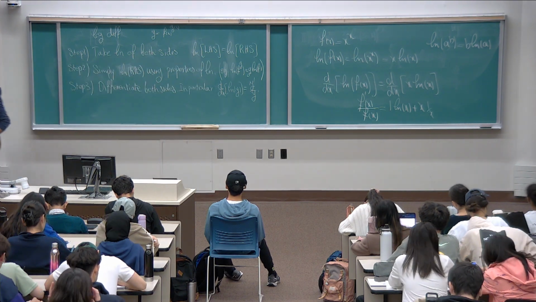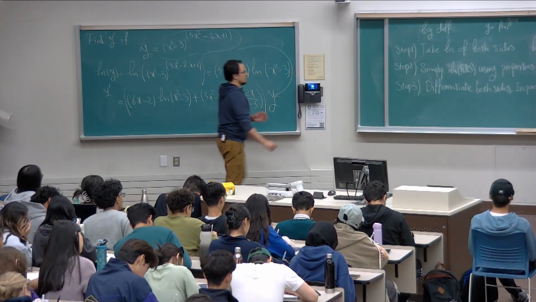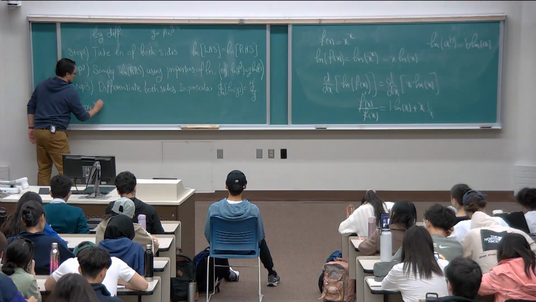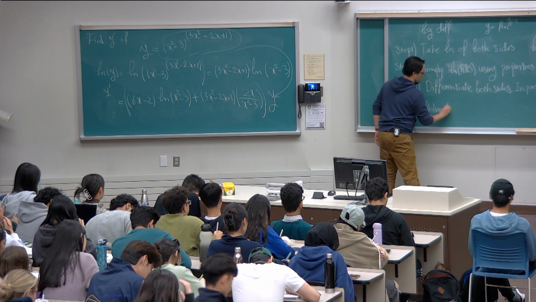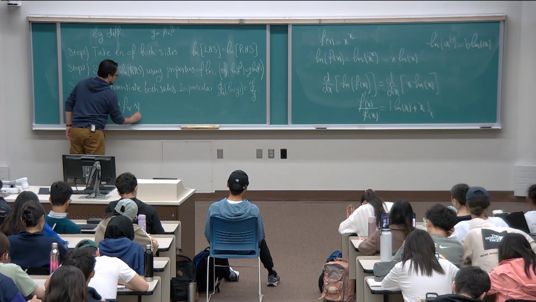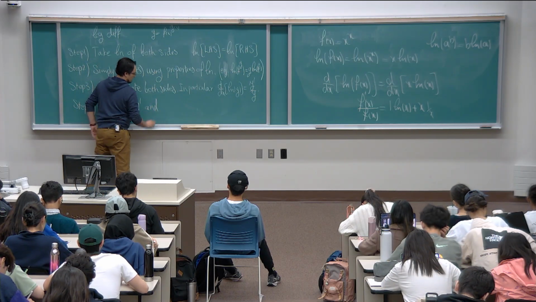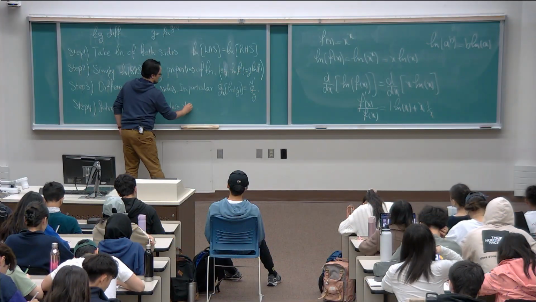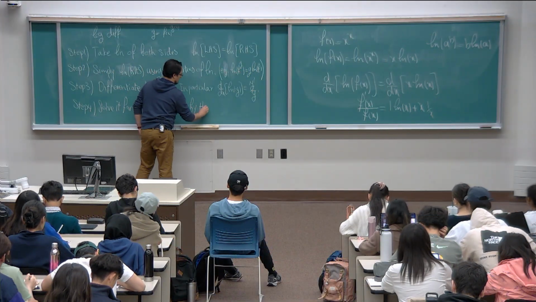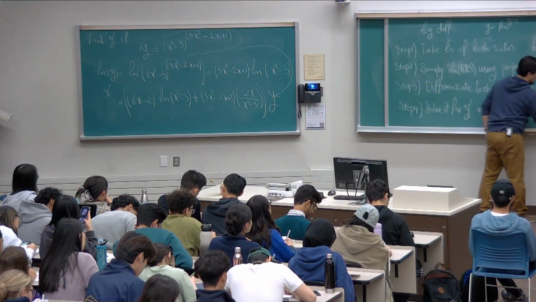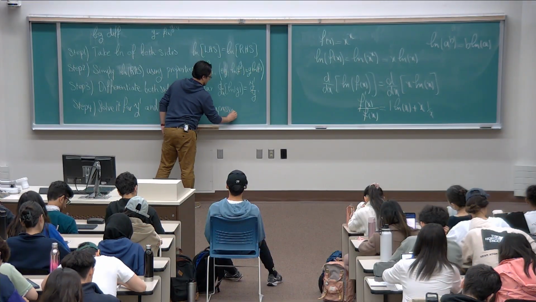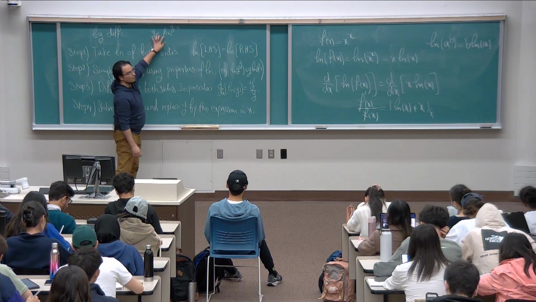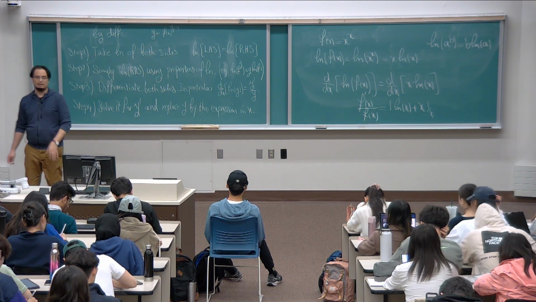Once you get to that place, then that's done. Step 4, solve for y prime and replace y by the expression in x. So put this one back into the final formula that you have.